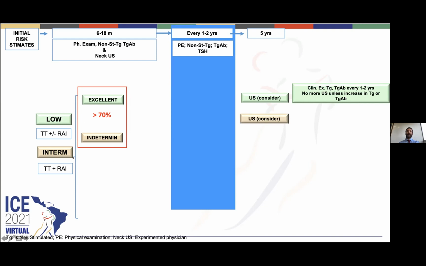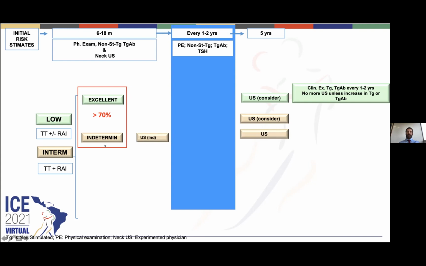For patients with indeterminate response to therapy but without indeterminate findings in the neck ultrasound, if we perform a neck ultrasound, we should do that at 5 years. Usually, if we do it before, it will not give us important or useful information and probably falsely positive findings.